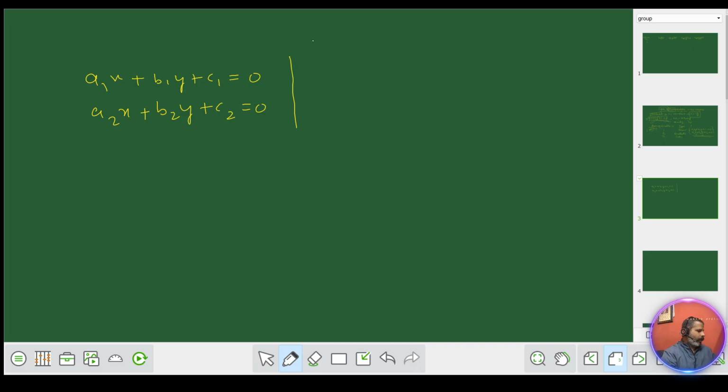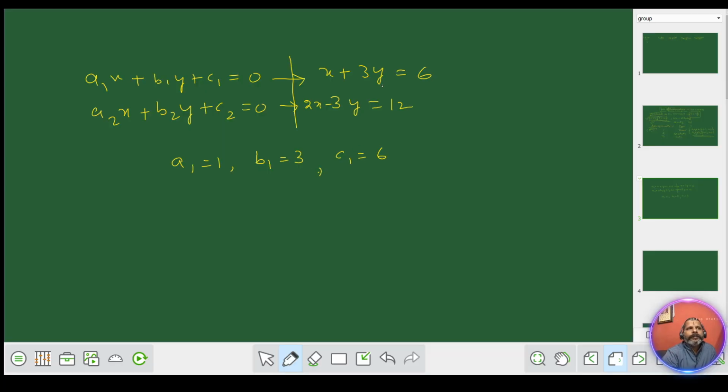Let's take the example x plus 3y is equal to 6, 2x minus 3y is equal to 12. Can we extract a1, b1, c1, a2, b2, c2 by comparing these two? Yes, we can. a1 is 1 because the x coefficient is 1, b1 is 3. What is c1? c1 is 6.